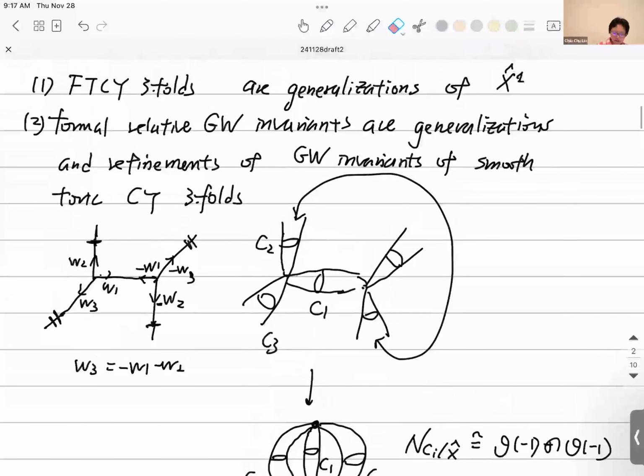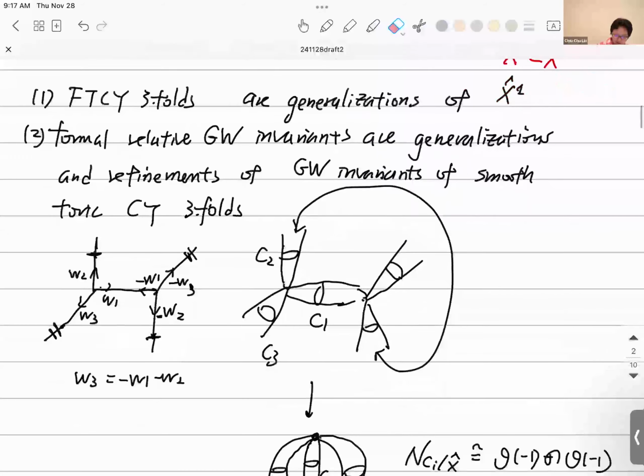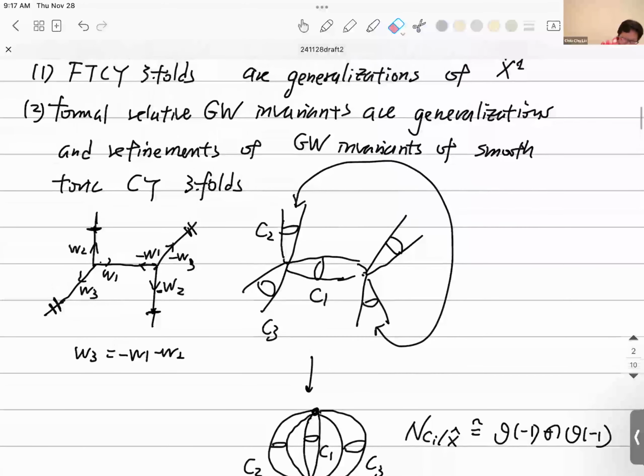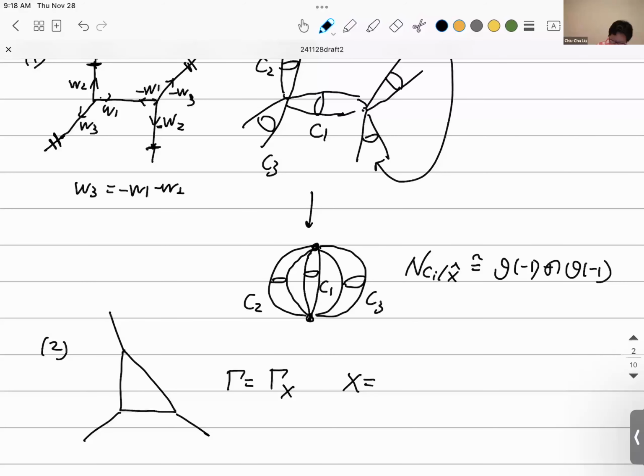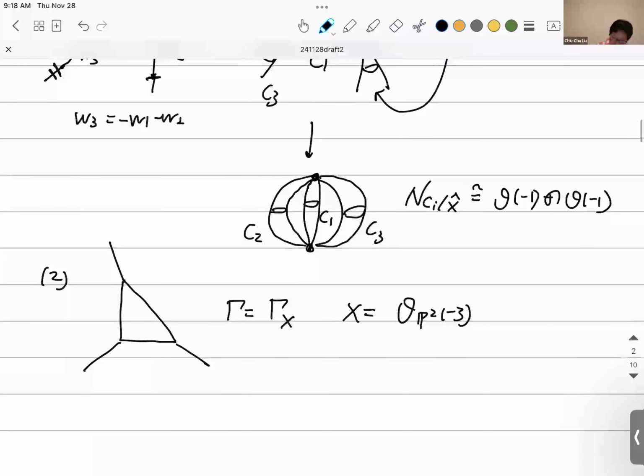So we see that this is actually more general. And the second point I want to make is this is also more refined. For example, we can take gamma to be the gamma of X, where X is the total space of O(P2) minus 3.